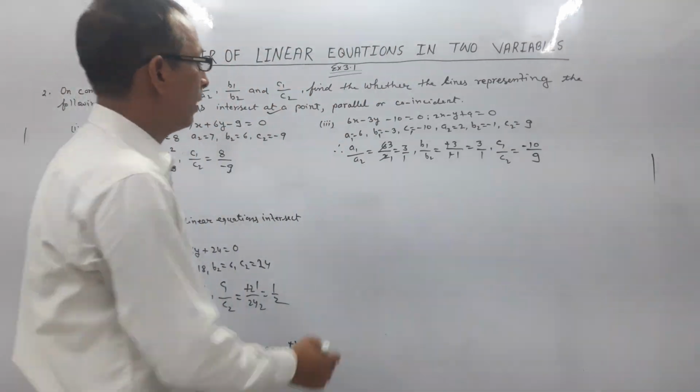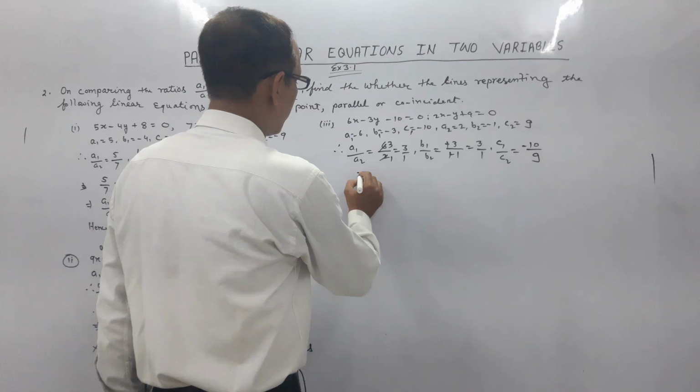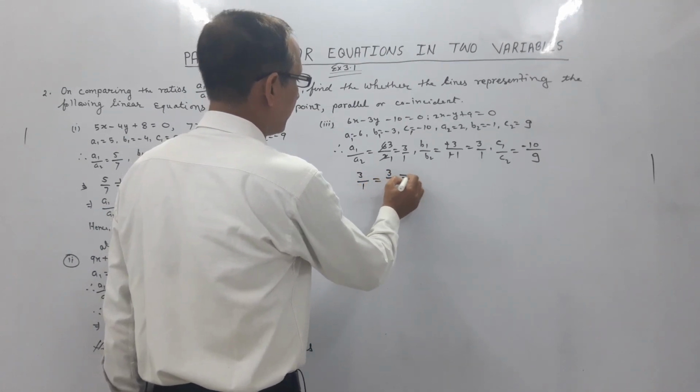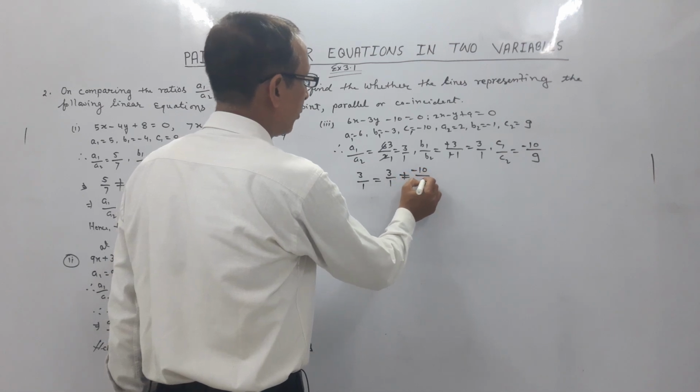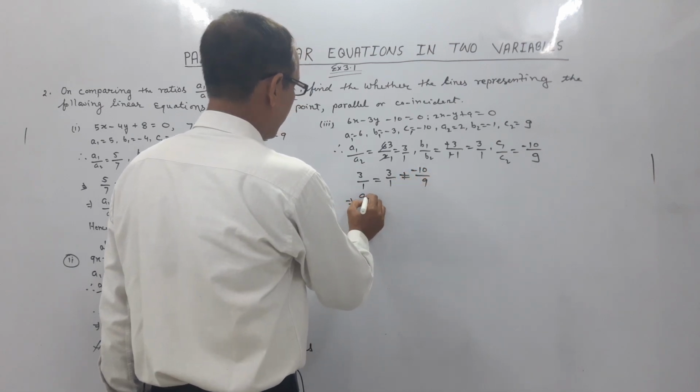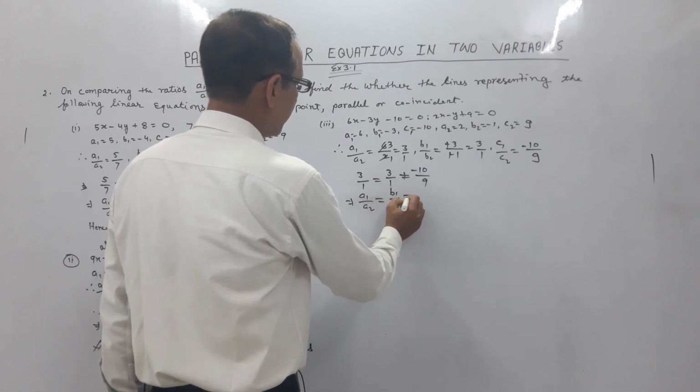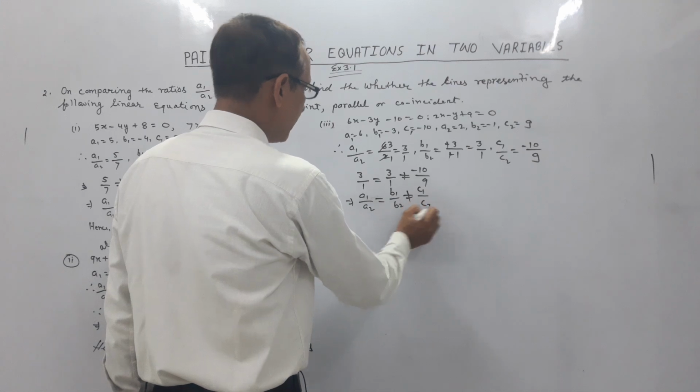Any problem? Now, 3 upon 1 equal to 3 upon 1 does not equal to minus 10 upon 9. So then implies a1 by a2 equal to b1 by b2 does not equal to c1 by c2.